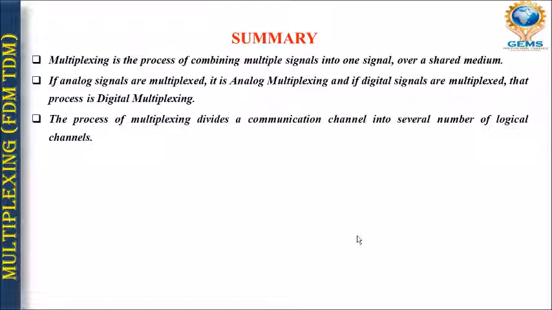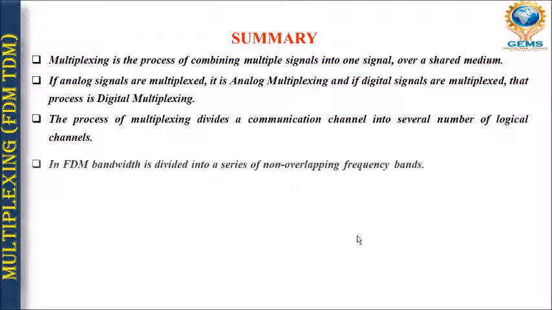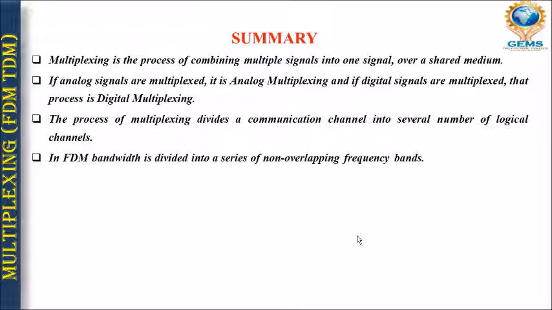The process of multiplexing divides the channel into several logical channels. See, the communication channel is only one, but logically it is divided into various parts, and very importantly, their bandwidths are not going to overlap with each other.